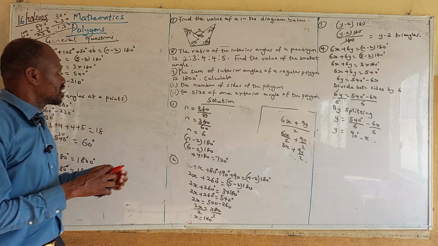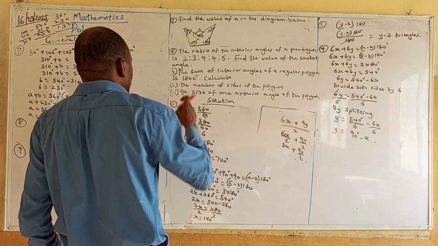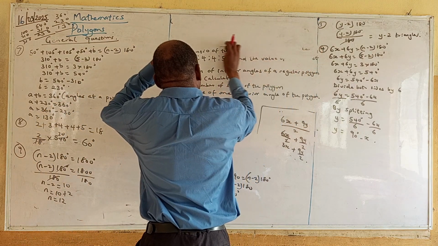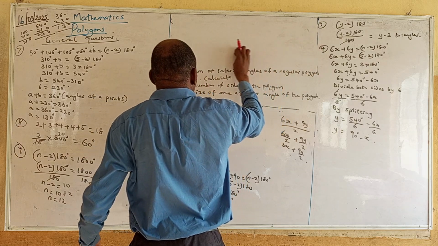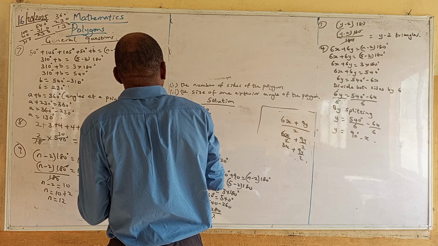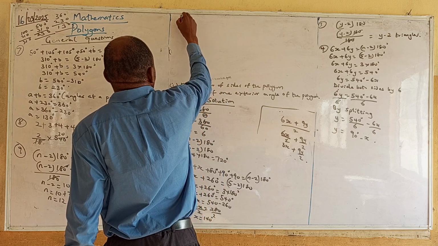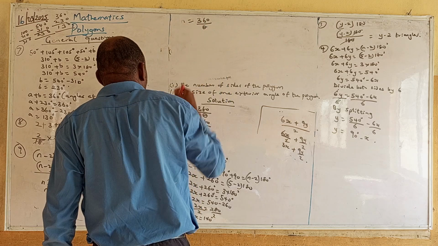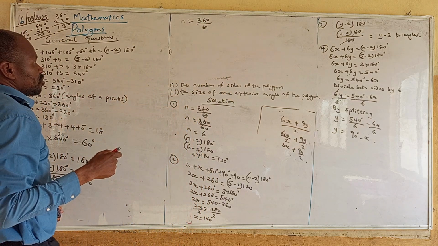So the question now asks for the size of the exterior angle. So I have n equals 360 over theta, where theta is the exterior angle. We have our n as 12.